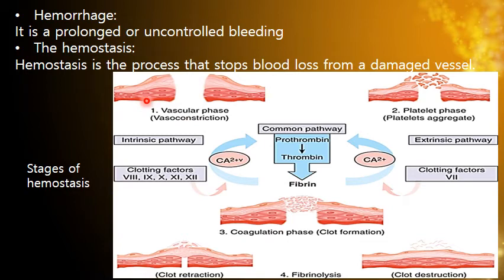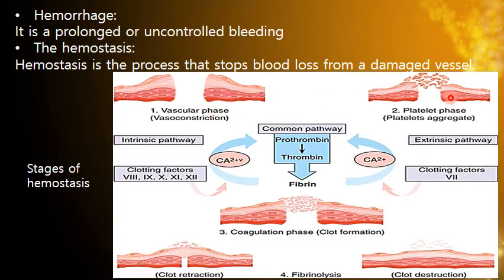In this phase, it will be activated by the signals from pain receptors in the site and smooth muscle injury, and serotonin release from the platelets will cause vasoconstriction of the blood vessels in the area of the injury. So the first phase of the hemostasis is vasoconstriction of blood vessels in the area.